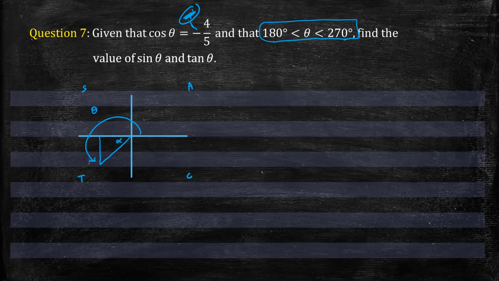So what I'm going to do, I'm going to write this as cos theta, which is negative 4 on 5, because cos there is negative. I'm going to change that to cos alpha. And we change this to positive numbers because we're just dealing with this triangle now.